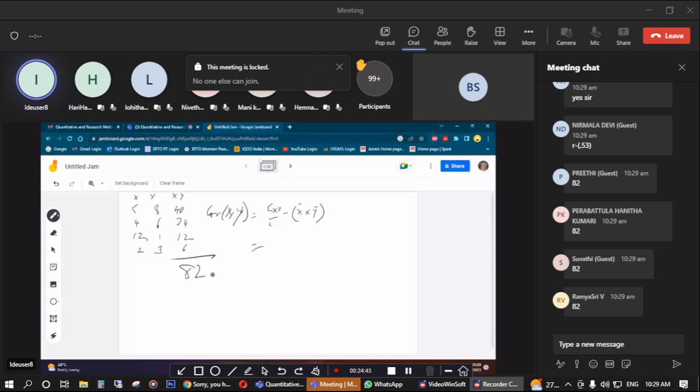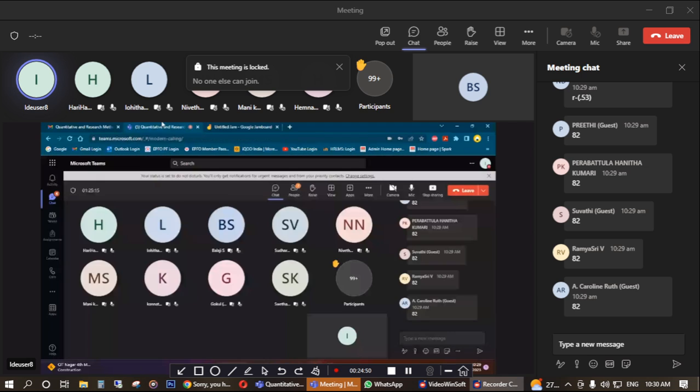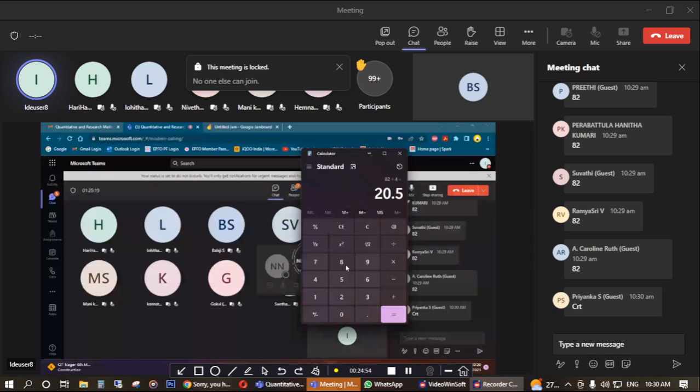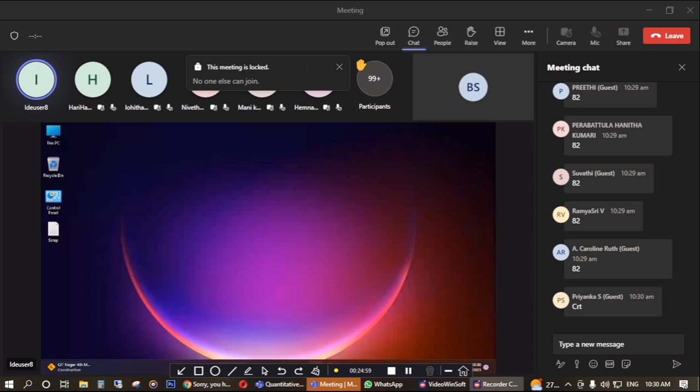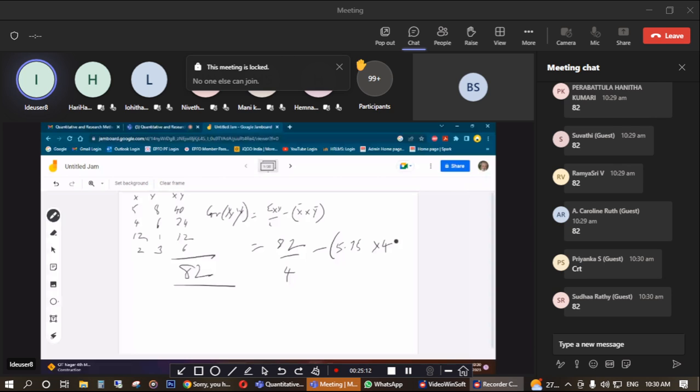Correct? 82. Okay. So what you need to do is 82 divided by 4. 82 divided by 4 is 20.5. So 82 divided by 4 minus x bar. What is x bar? 5.75 into 4.5.